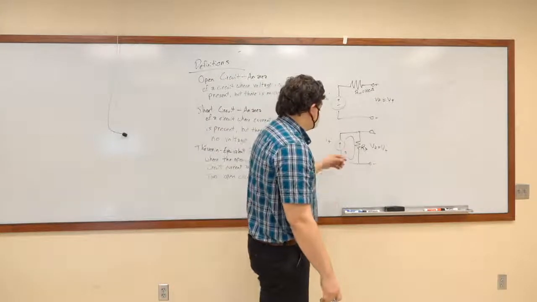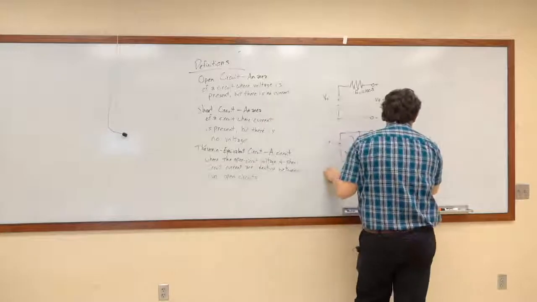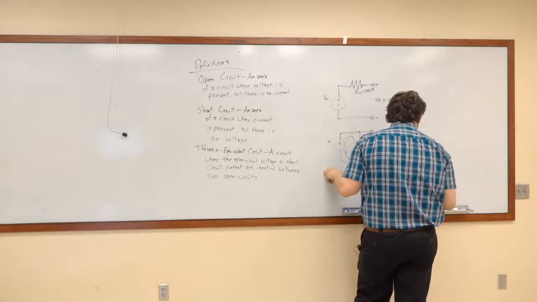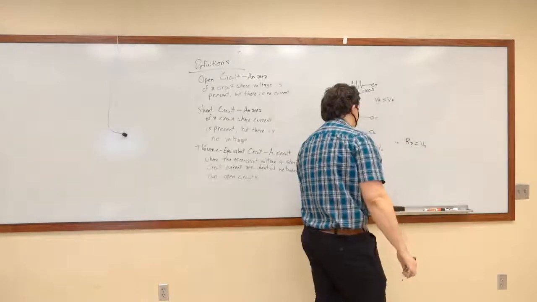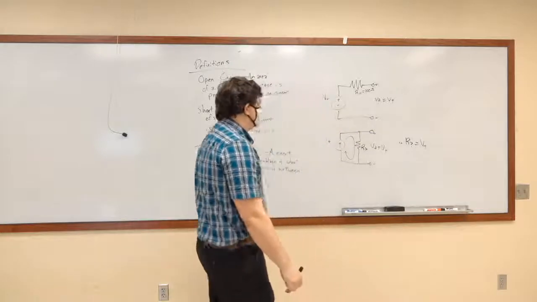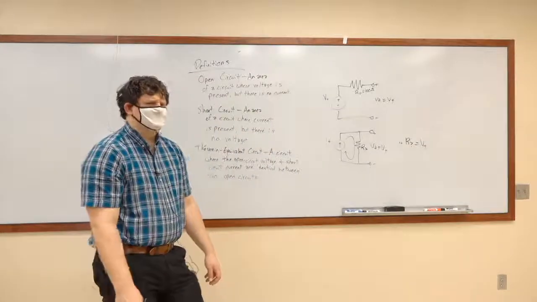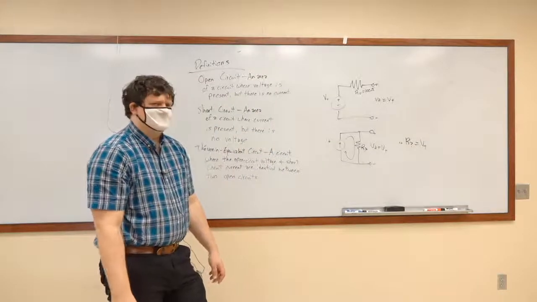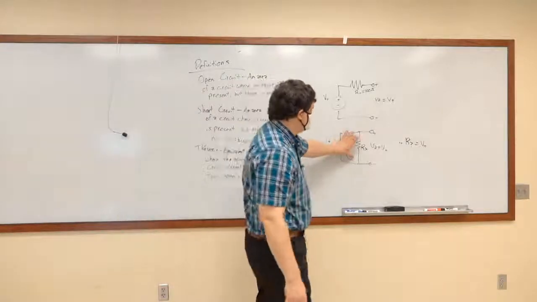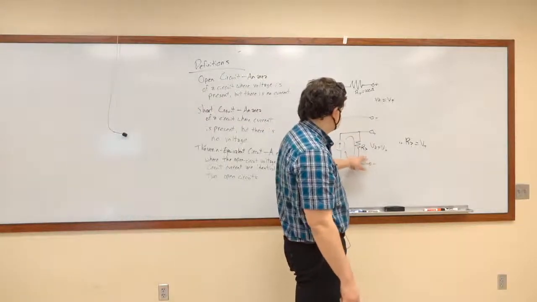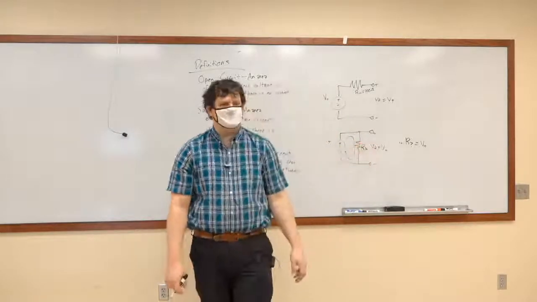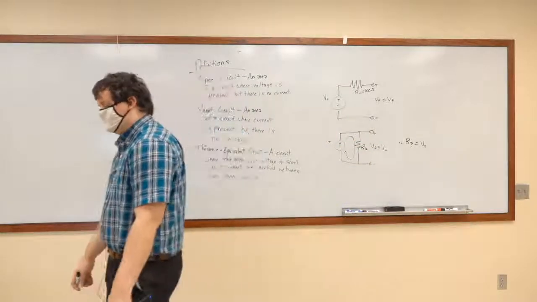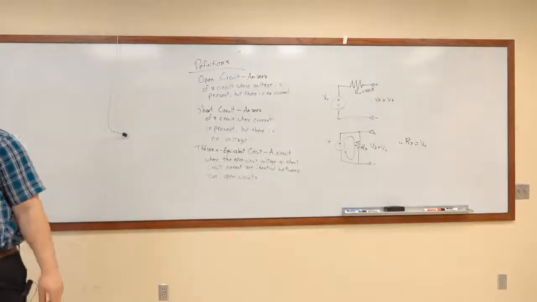In order to do that, IT times R, whatever this is, is equal to VT, because the voltage across this resistor, this R question mark, is the voltage between those two terminals. It's the voltage between the nodes, it's VA.